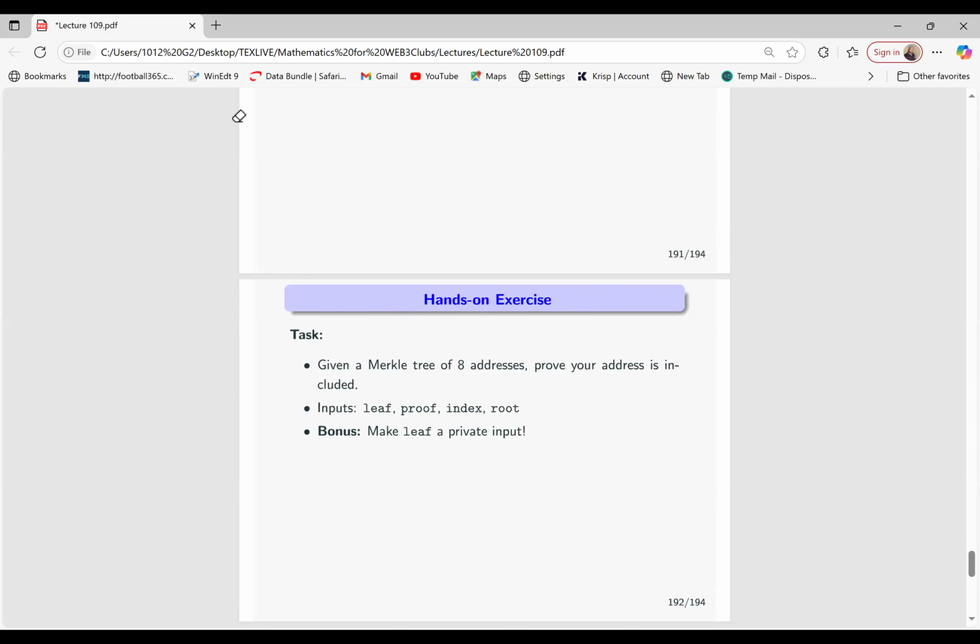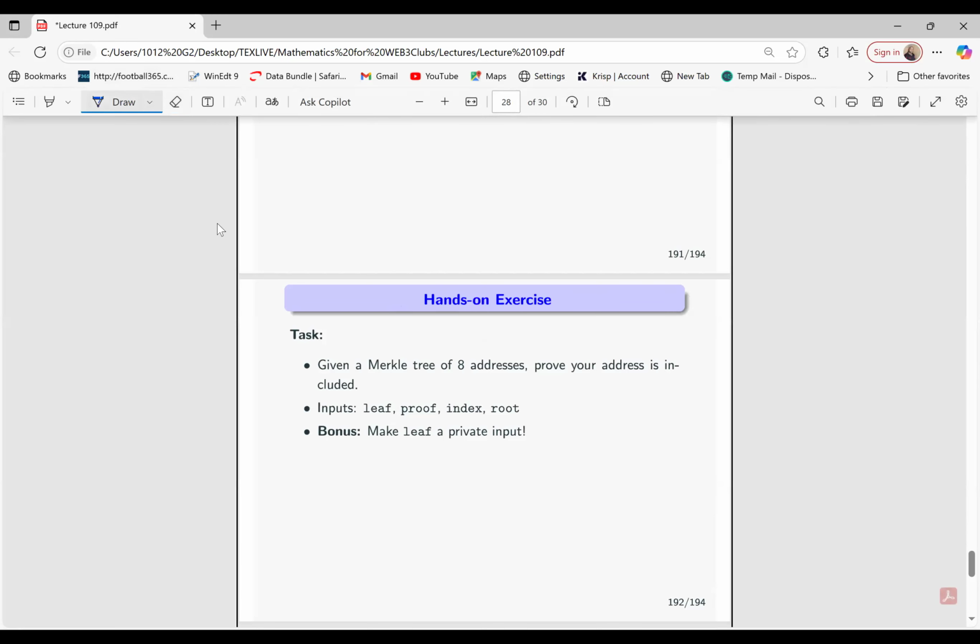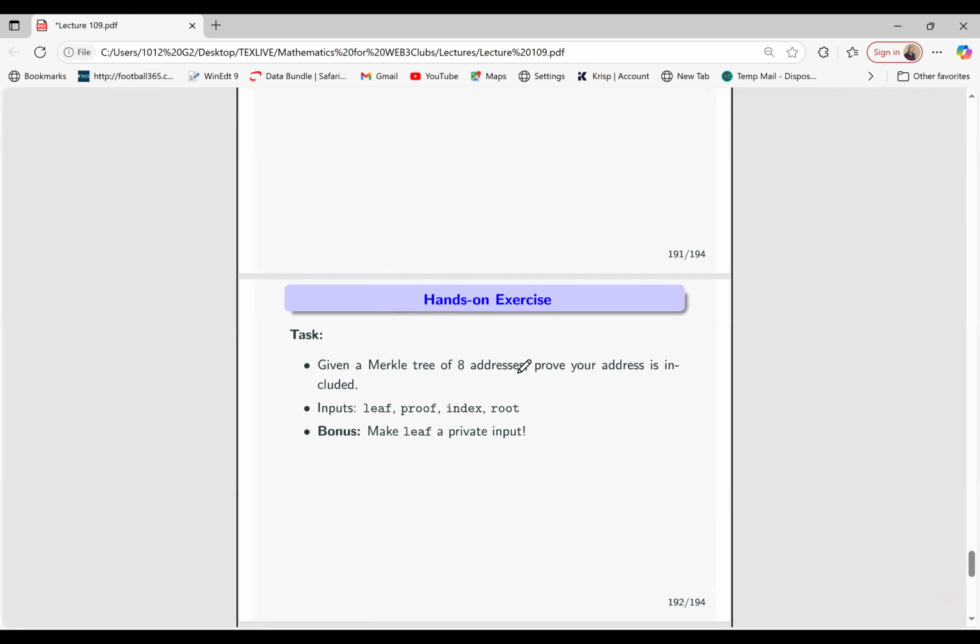This is another exercise you can do. Given a Merkle tree of 8 addresses, prove your address is included, that your address is one of the 8 addresses. As you do that, ensure that you don't reveal your address.